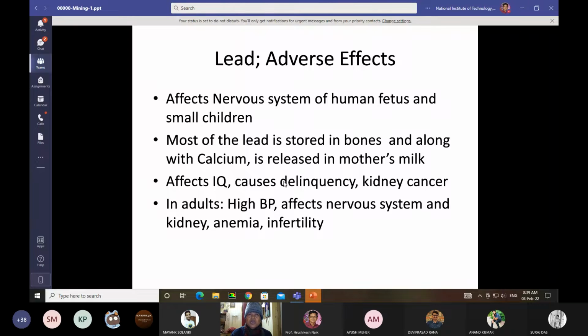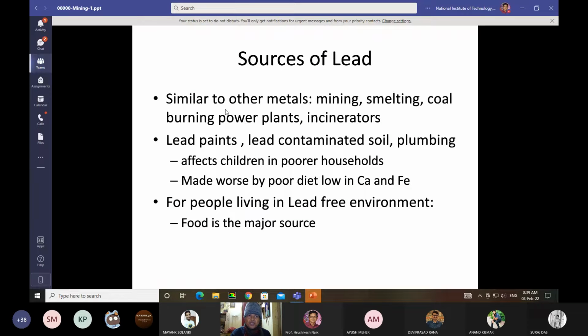Similarly, the sources of lead, similar to other metals, are mining, smelting, coal burning, power plants, and incinerators. Lead paints, lead contaminated soil, and plumbing affect children in poor households, made worse by a poor diet low in calcium and iron. For people living in a lead-free environment, food is the major source.